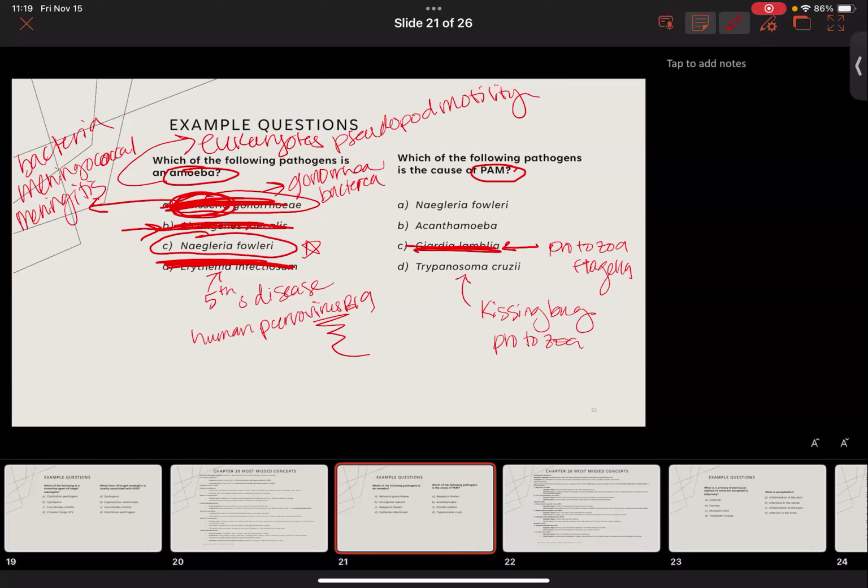And this is what causes Chagas disease. So this is a cardiovascular disease. It's not going to be meningoencephalitis. It's not neuro. So that leaves us with the choices between these two, which is just a matter of you remembering which one is which. So it's A, Naegleria fowleri causes PAM. Acanthamoeba causes GAM. We're almost done.